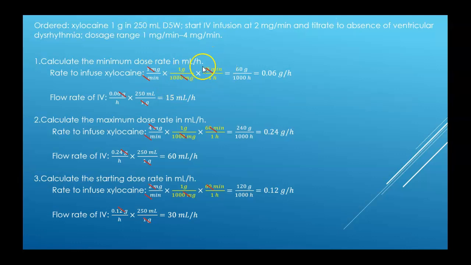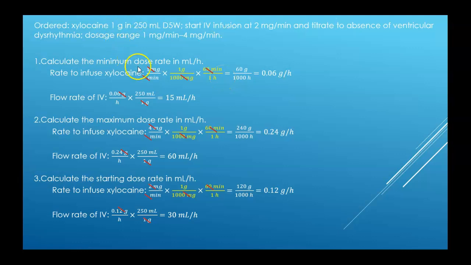And then we're also going to change that grams per minute to grams per hour using another conversion factor. Because we have to find the dose rate in order to find the flow rate. So I just did it all in one. I just used two conversion factors using the dimensional analysis method.